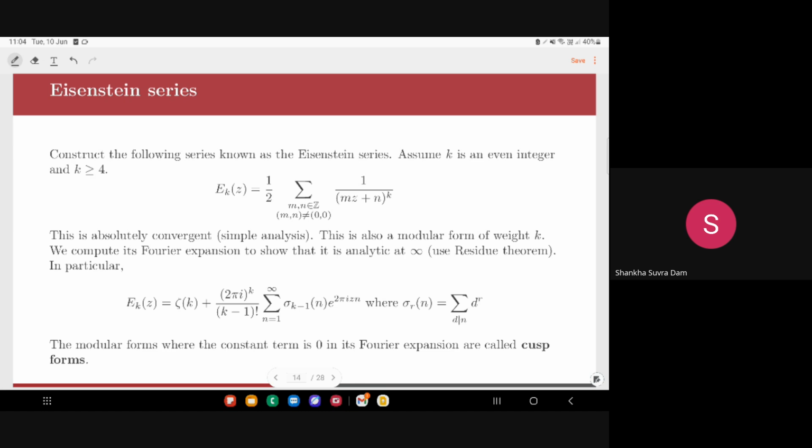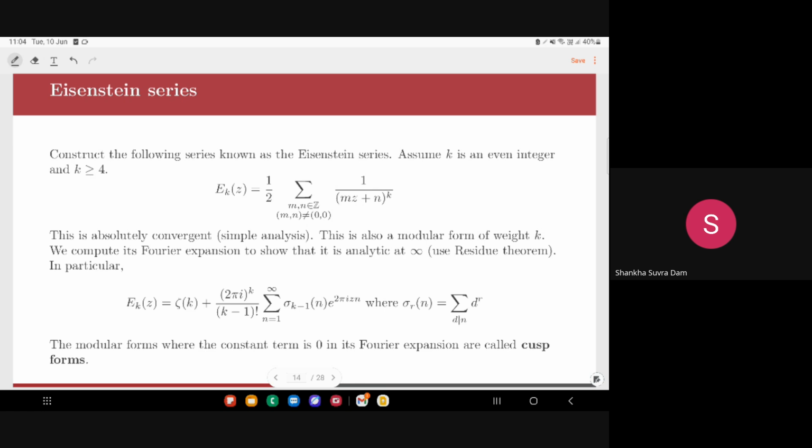And the note to take here is that this is, of course, absolutely convergent. You can try this by yourself by considering cases like when m is equal to 0 or m is not equal to 0 and so on and so forth. Like m can be 0, but n cannot be 0. This is also a modular form of weight k.